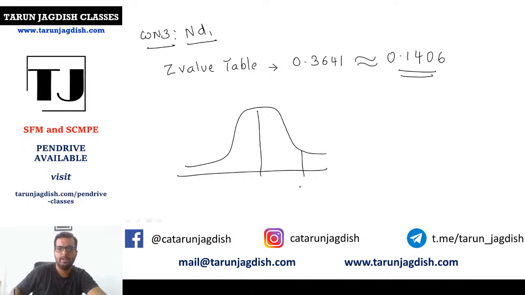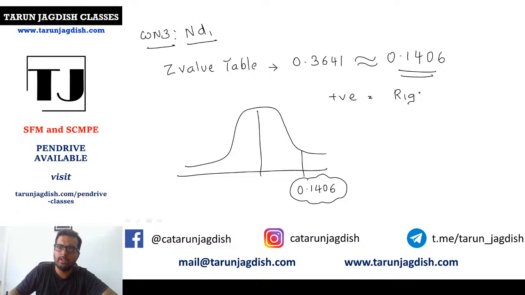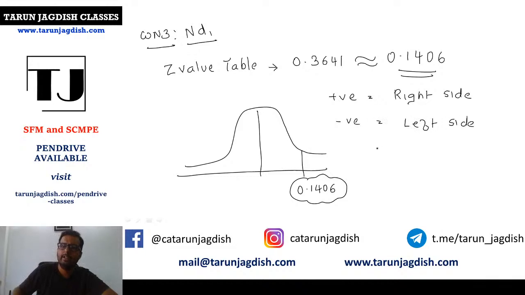curve. Okay, in which on the right side I will get 0.1406. Before even I put these things, let me explain to you this normal distribution curve you learnt in foundation. It has got basically 4 rules. Positive values will go on the right side. Negative values will always go on the left side. If the requirement is greater than, I should shade the right area.